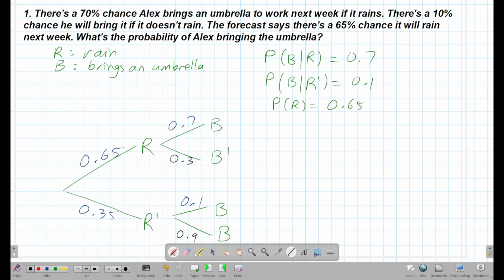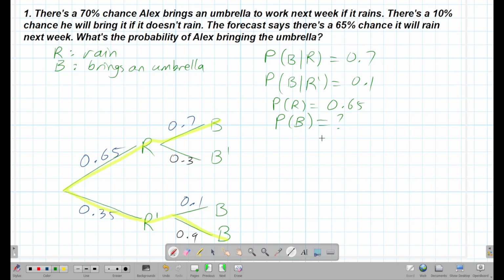The reason why I don't need to is because we're looking for the probability of this guy bringing his umbrella. And we just find the paths that include this dude bringing his umbrella. And I've highlighted them in yellow.